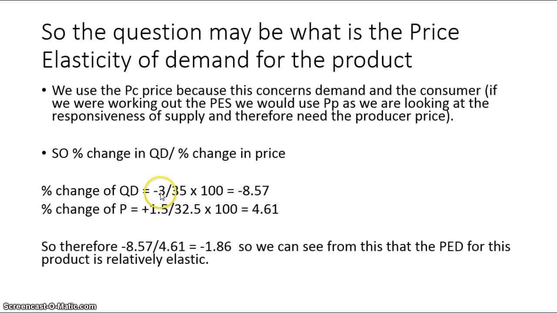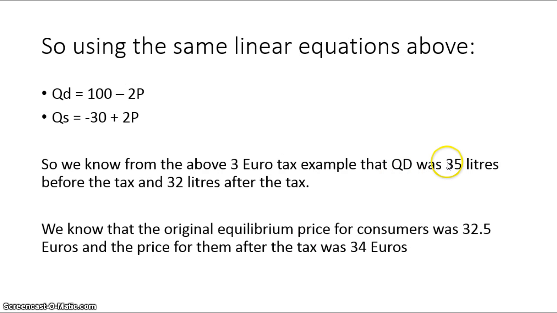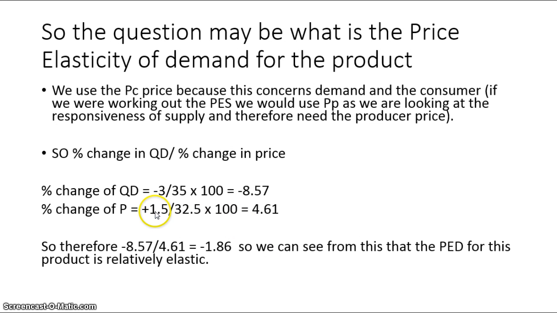The change in quantity demanded was -3, from 35, so it went down by 3. We work that out, times by 100, it's -8.57%. So it went down by 8.57%, and the price increased by 1.5.